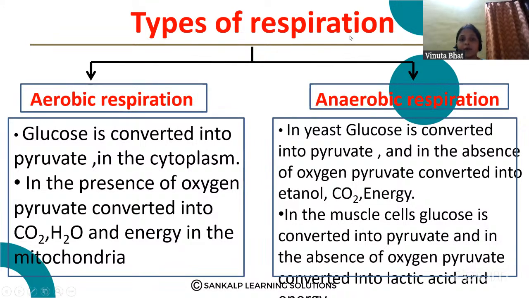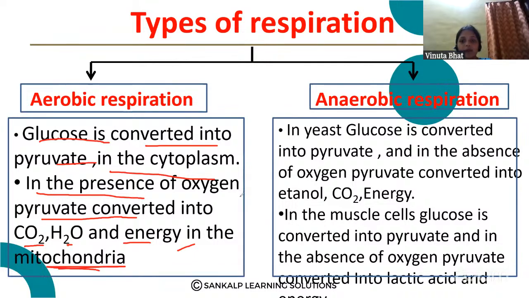Here, in aerobic respiration, glucose is converted into pyruvate in the cytoplasm. Then in the presence of oxygen, pyruvate is converted into carbon dioxide, water and energy in the mitochondria. In case of anaerobic respiration, in yeast, glucose is converted into pyruvate, and in the absence of oxygen, pyruvate is converted into ethanol, carbon dioxide and energy.